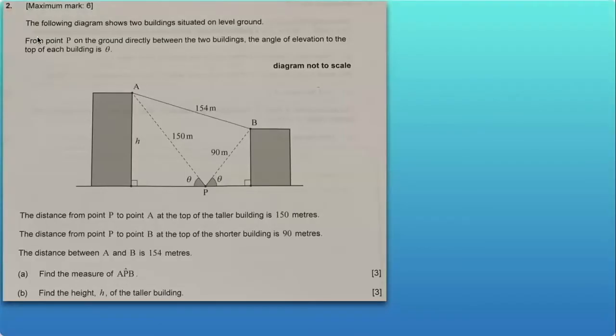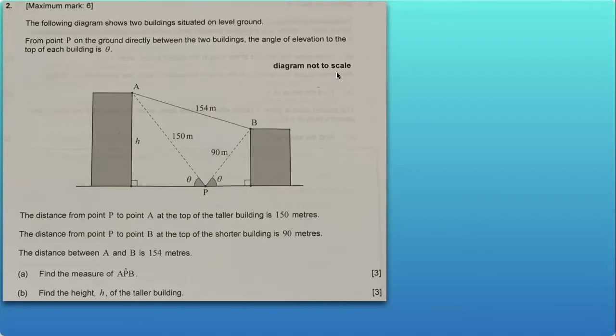Number 2. The following diagram shows two buildings, that building and that building, situated on level ground. From point P, that point there, on the ground directly between the two buildings, the angle of elevation to the top of each building is theta.